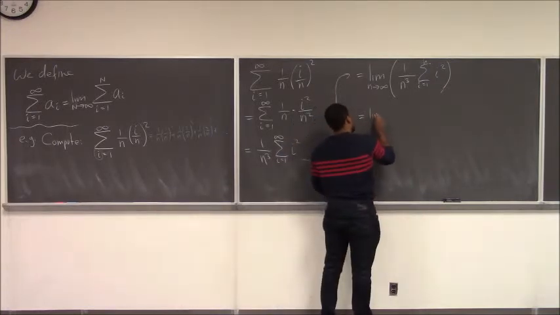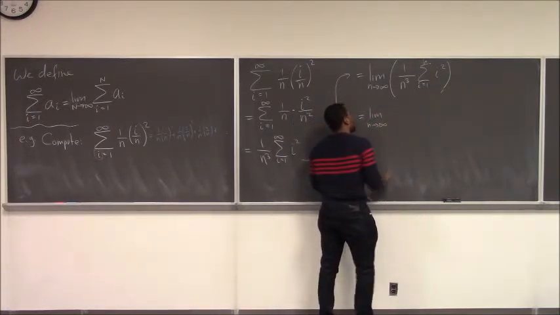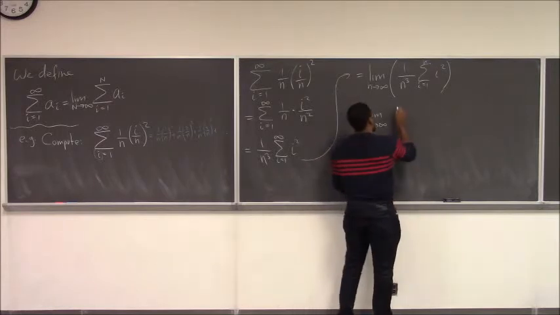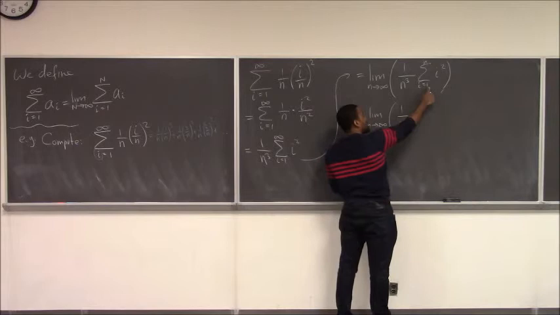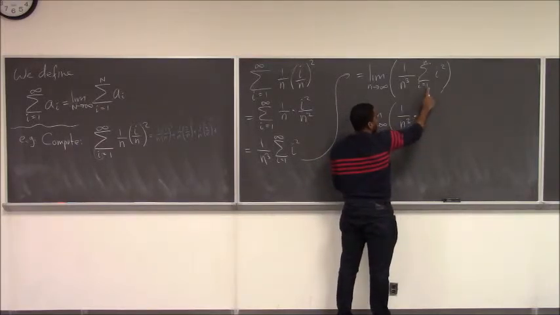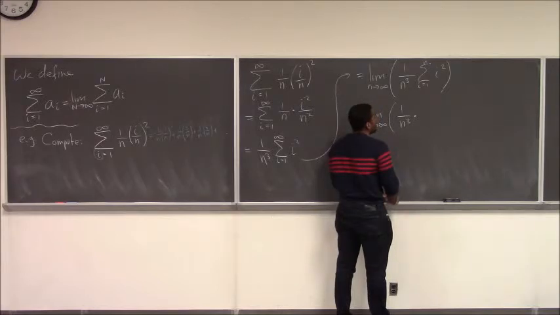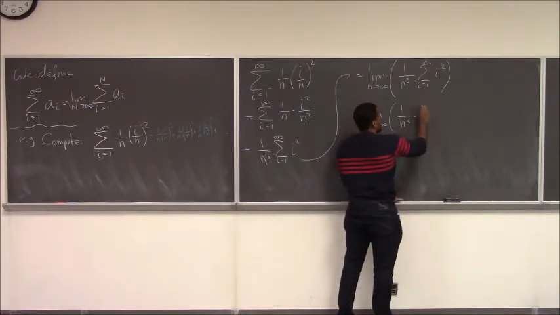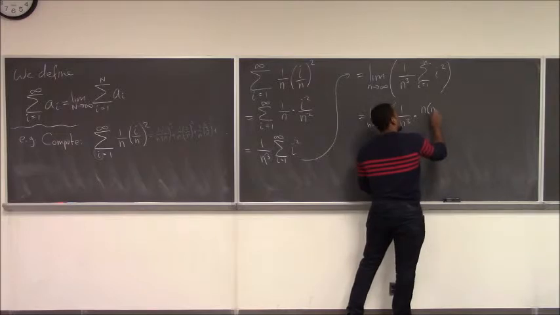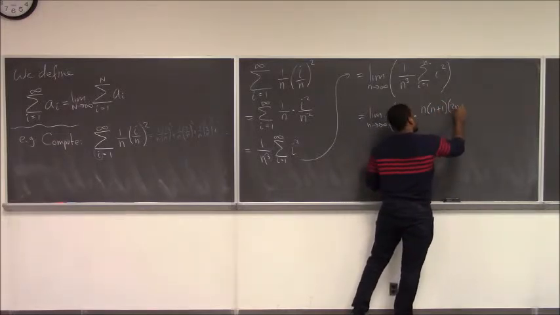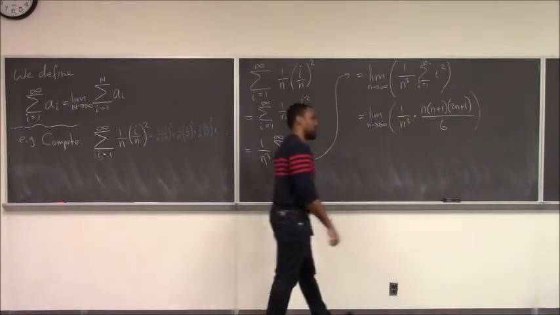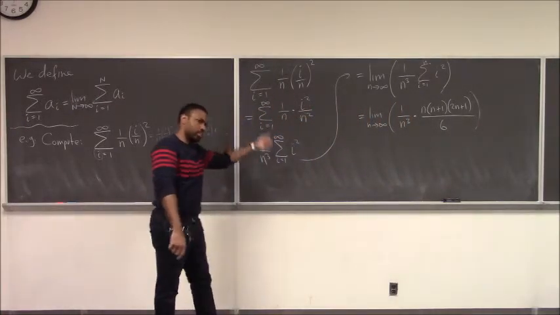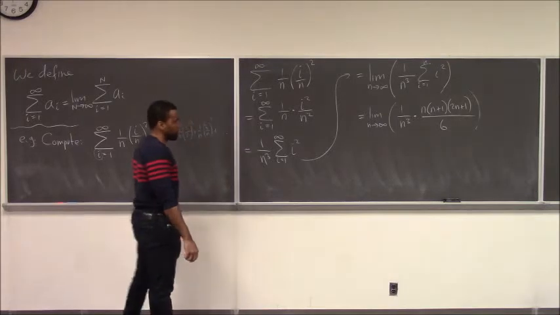Now what's going to happen is, here I'm going to have that. For this guy, what is the sum of i squared? It's n times n plus 1 times 2n plus 1 all over 6. It's kind of too quick to have you memorize that, but you should memorize those formulas that I mentioned earlier. They should be memorized eventually.